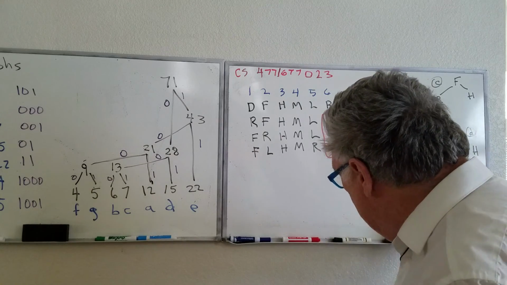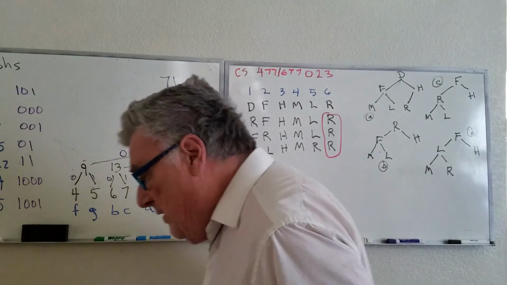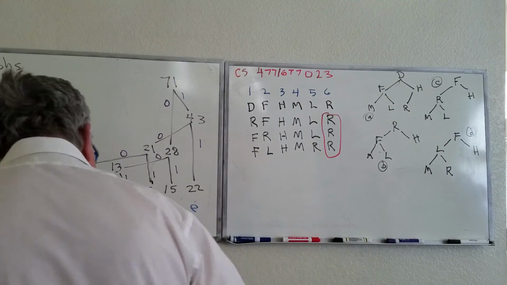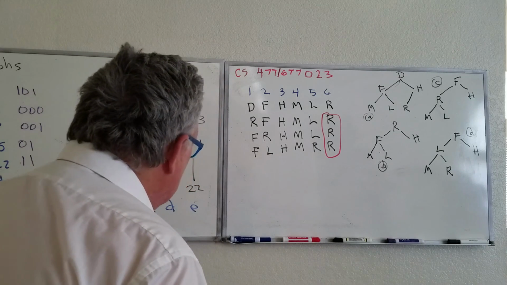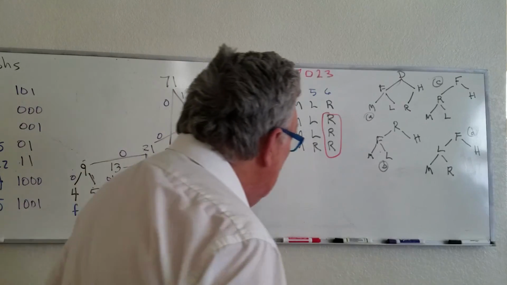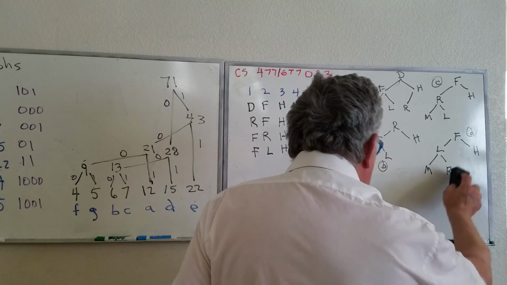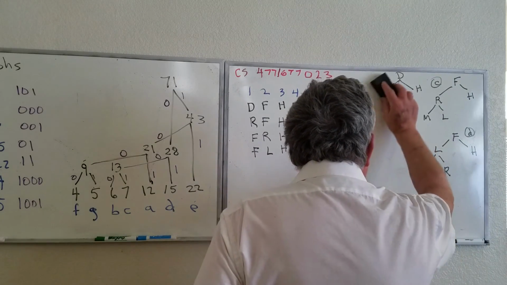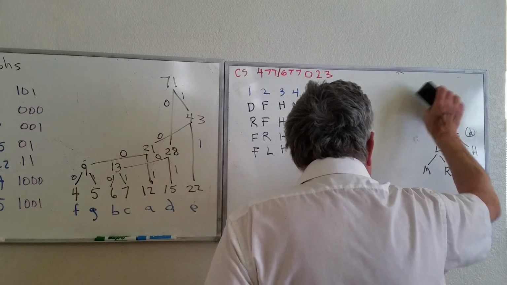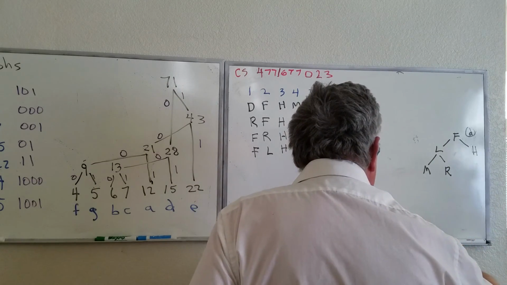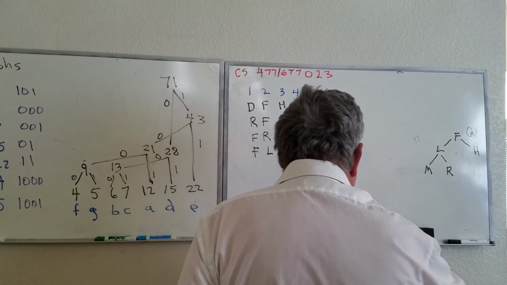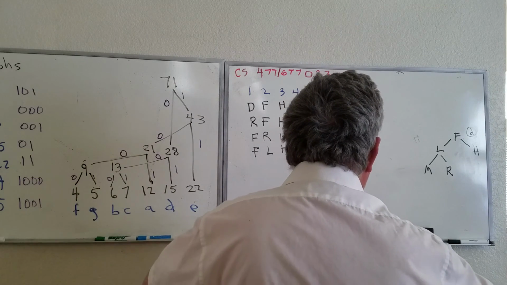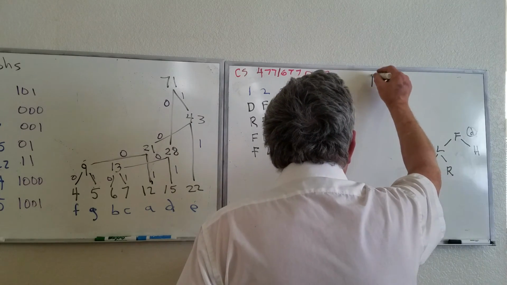All right, what was the next thing we were supposed to do? We were supposed to insert the letter E. So we start with this tree here, which means we don't need these anymore. And when we insert the letter E, it has to be inserted in the last place.